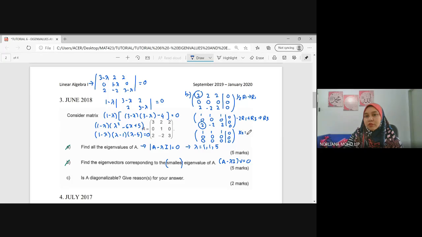So x2 equal to A, x3 equal to B. A, B is any real number. So x1 equal to negative x3 minus x2. So equal to negative B minus A.